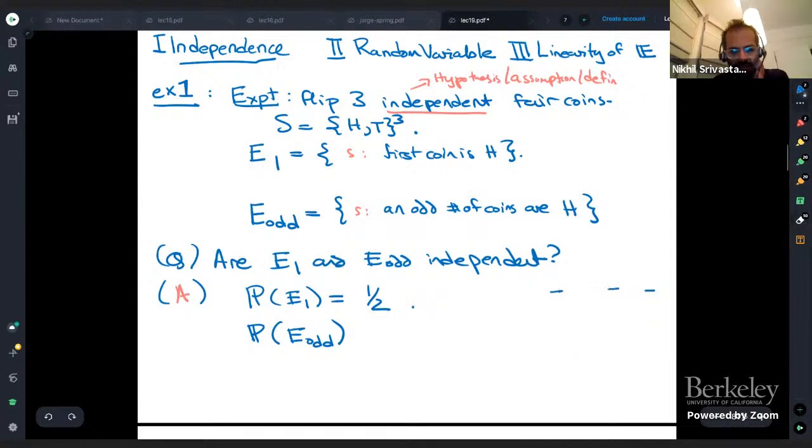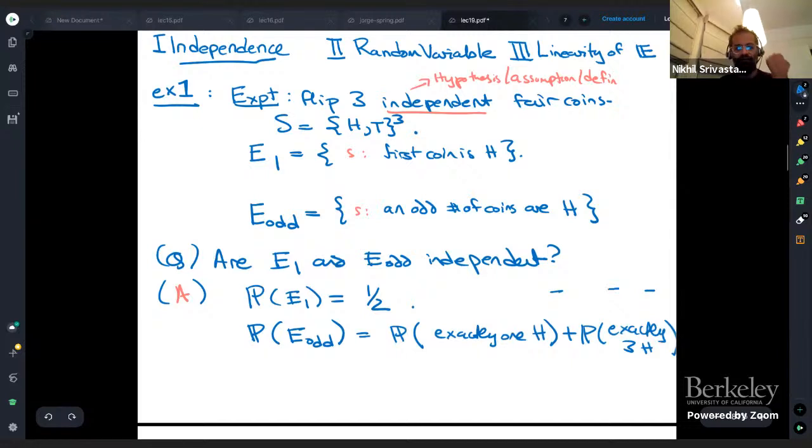This is equal to the probability that you have exactly one head plus the probability that you have exactly 3 heads. And what rule am I using here? I'm using the sum rule. So these are disjoint events, right?